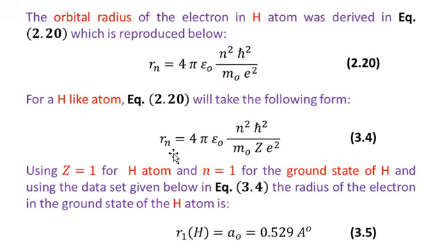So for a hydrogen-like atom, the orbital radius now takes the form shown in equation number 3.4. That is, we have a dependence of Rn on the atomic number Z of the hydrogen-like atom in the denominator. So Rn goes inversely with Z.